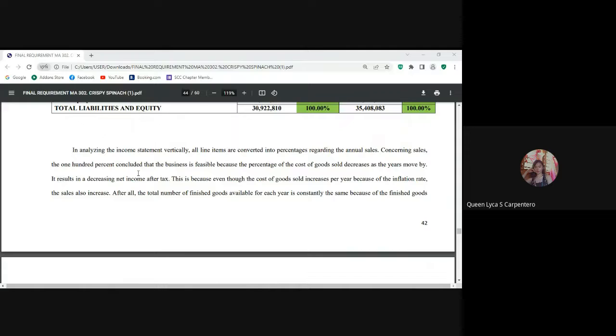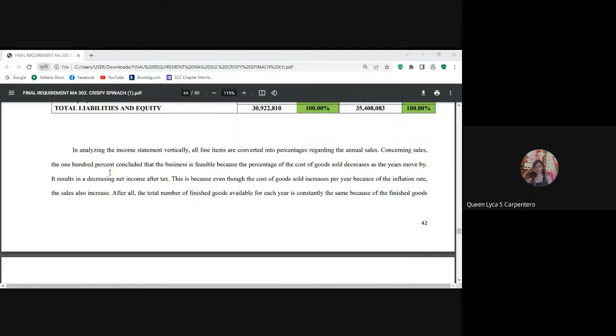This is because even though the cost of goods sold increases per year because of the inflation rate, the sales also increase. After all, the total number of finished goods available for each year is constant, di ba? Constant ang amuang gross income, gross profit. So mao to.